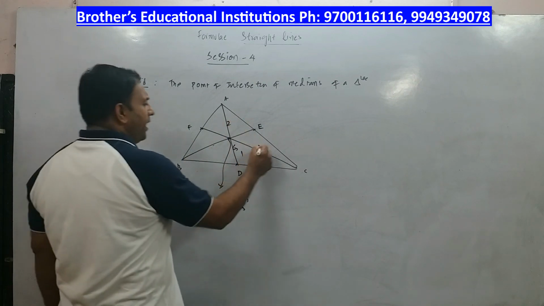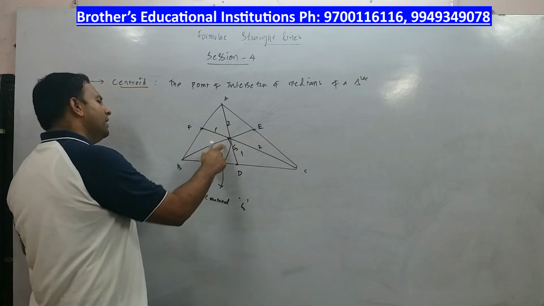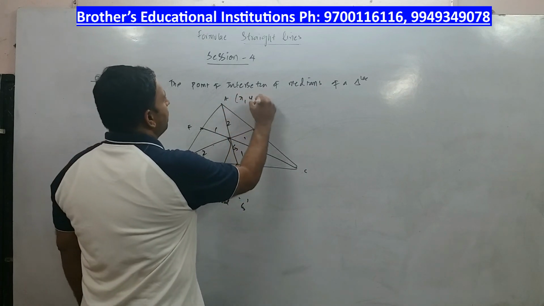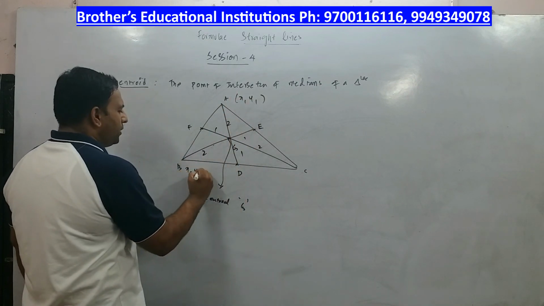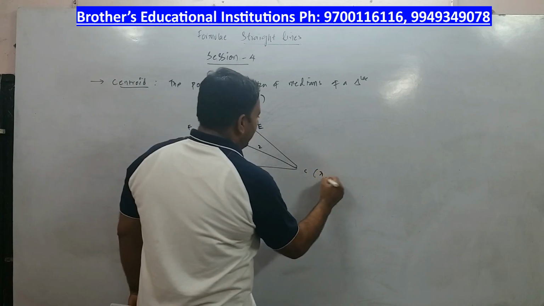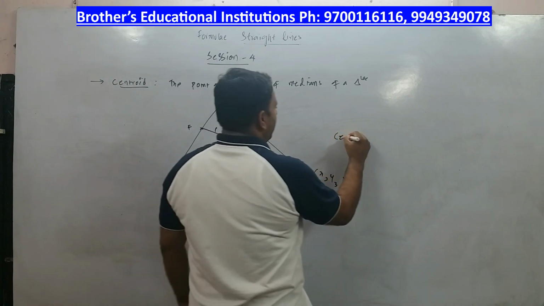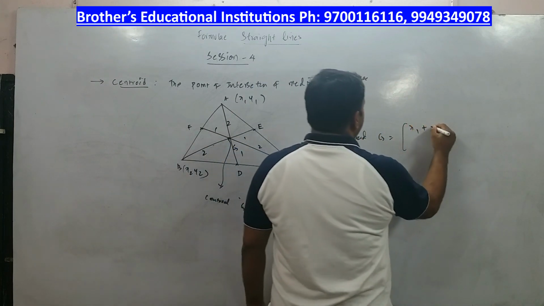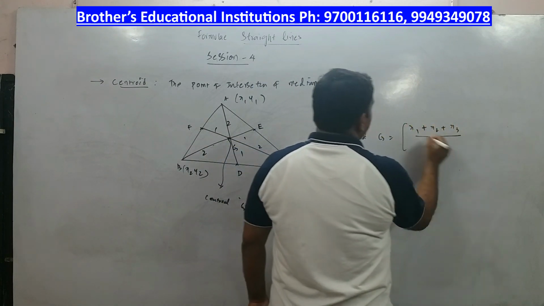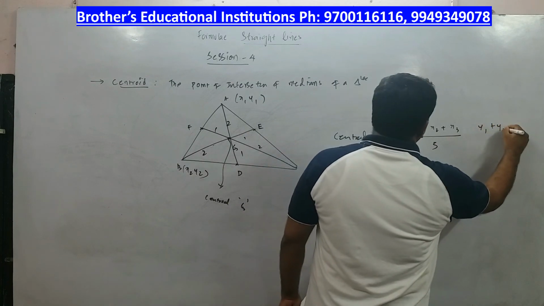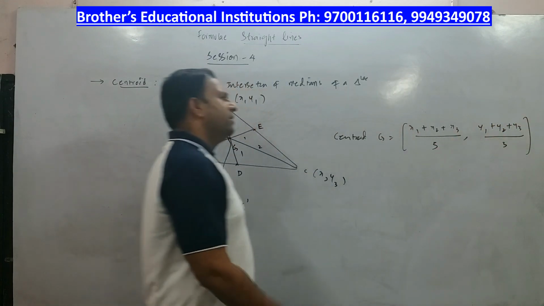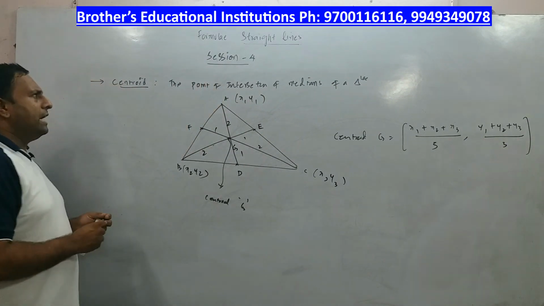And if the vertices are given to you as A(x1, y1), B(x2, y2) and C(x3, y3), then centroid G is given by the formula ((x1 + x2 + x3)/3, (y1 + y2 + y3)/3). So a very simple, straightforward formula for the centroid of a triangle.